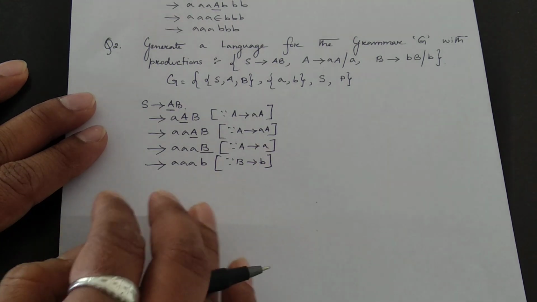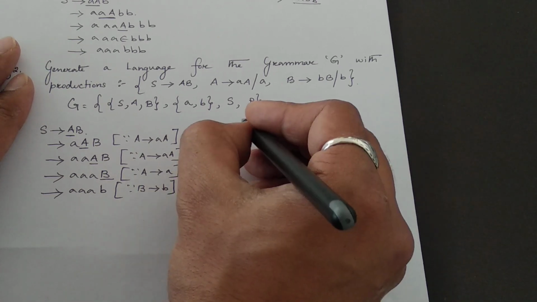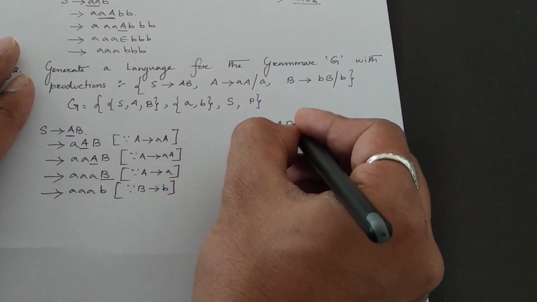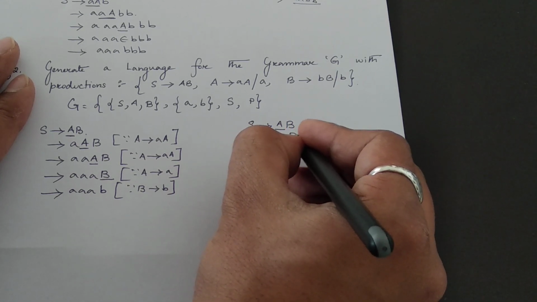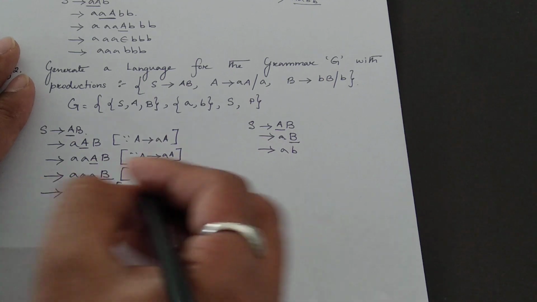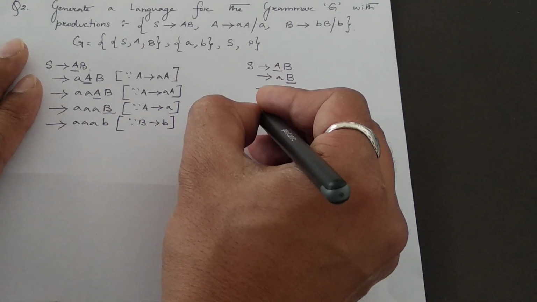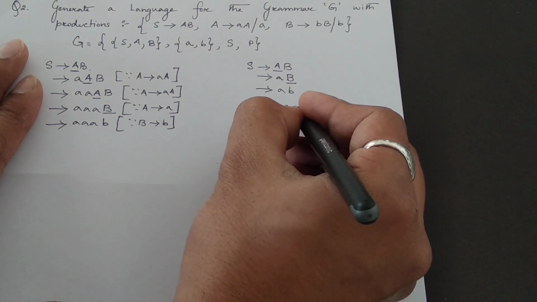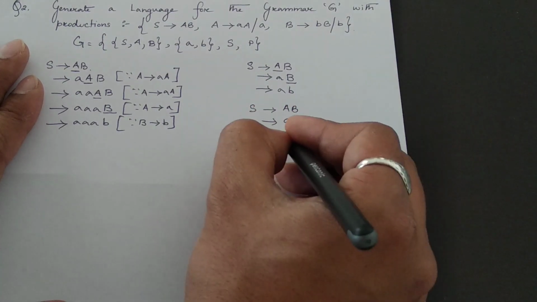Okay, I will take one more string. Suppose I'm taking S tends to AB, and I am replacing directly A by small letter a, and directly B by small letter b. So one more possible string I got, correct? Again I will try one more condition, S tends to AB. Now here I will replace A by small letter a and keep B as it is.